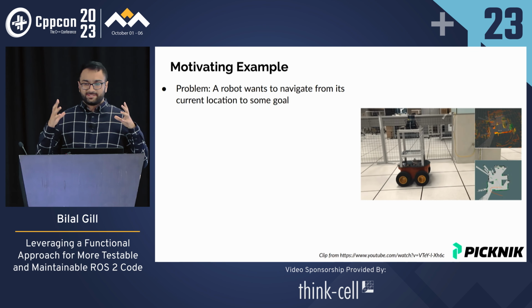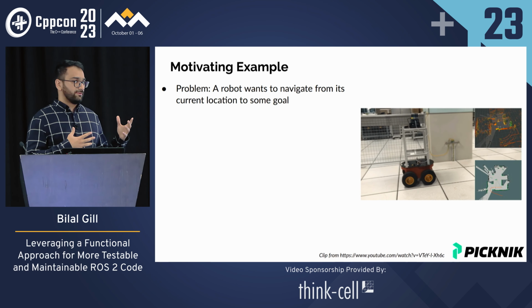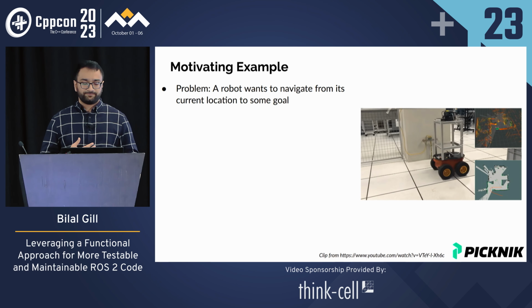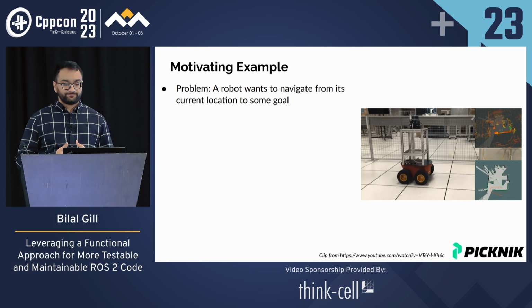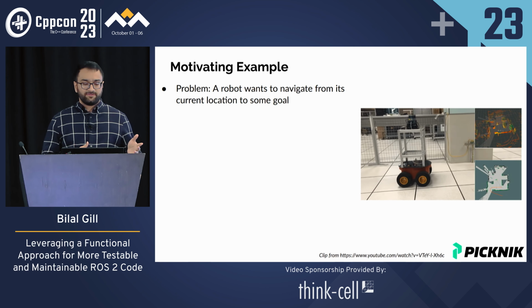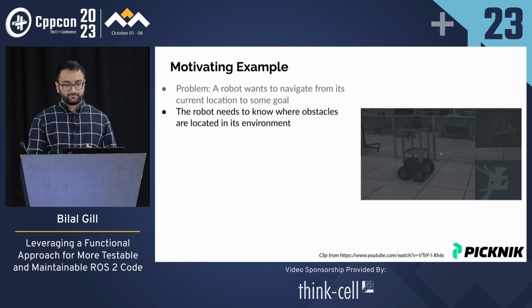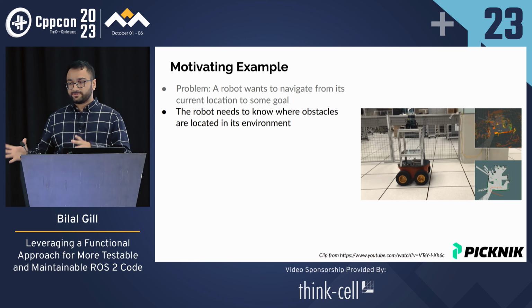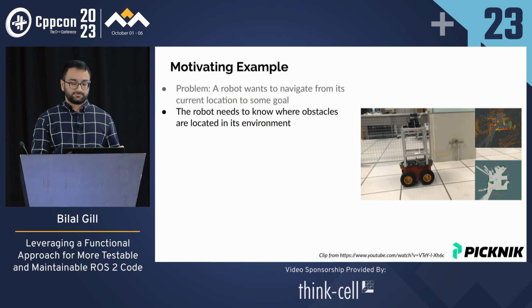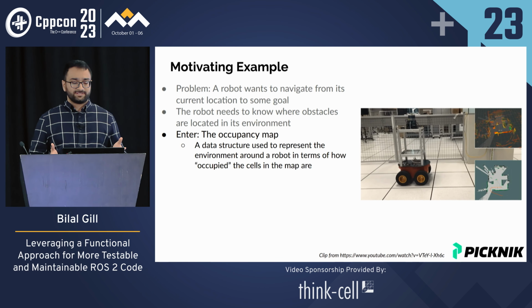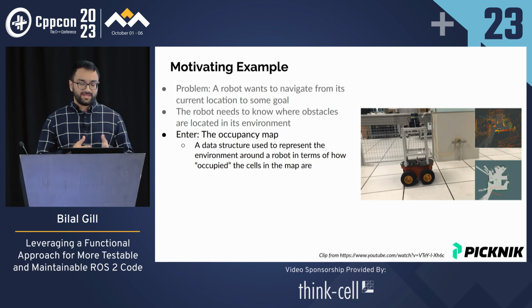Now I'm going to talk about the example that I'm going to carry throughout the rest of this talk. Imagine this problem: we have a robot that wants to navigate from its current location to some goal. The robot needs to know where all the obstacles are located in its environment. So we have something called the occupancy map.